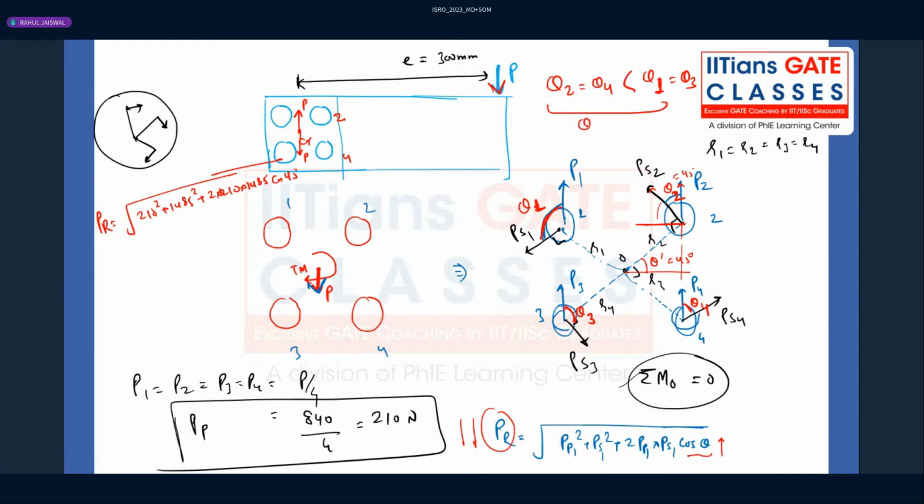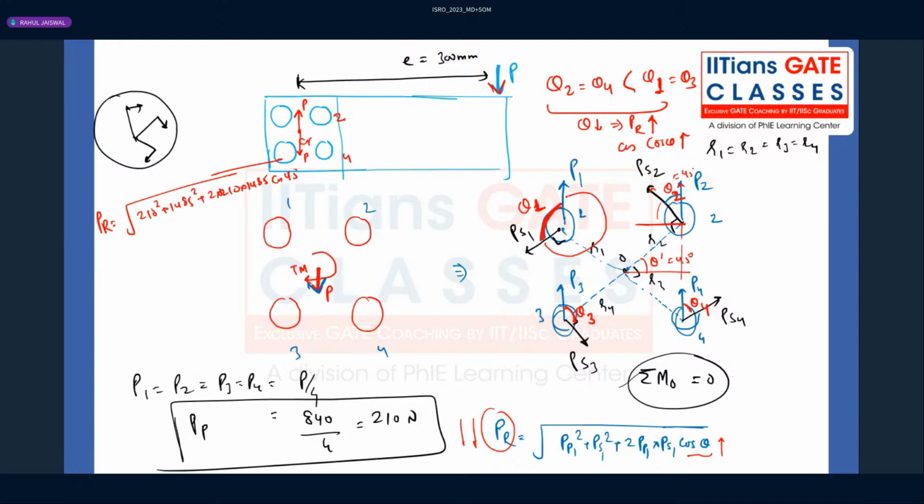When theta is less, the resultant load will be more, as cos theta will be more. Because in case of cos, as you keep increasing the angle, the cos theta value starts decreasing. Remember, the included angle is the smaller side angle.